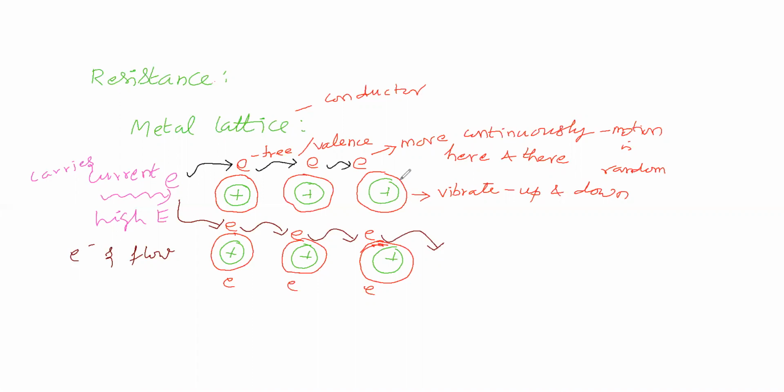Sir, now current carrying ability depends on what? If this electron makes an effective collision on this free electron, then energy transferring from here to here will be effective. Then it will have very high energy.